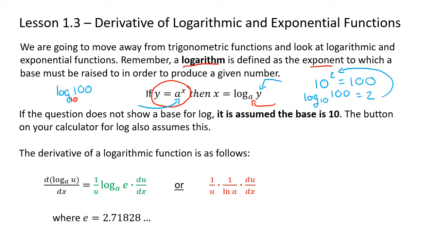The derivative of a log function is pretty simple. So if you have the log of some function u, and it's at the base of a, then your derivative is 1 divided by u, or in other words, 1 divided by the function in here, times the log of e.